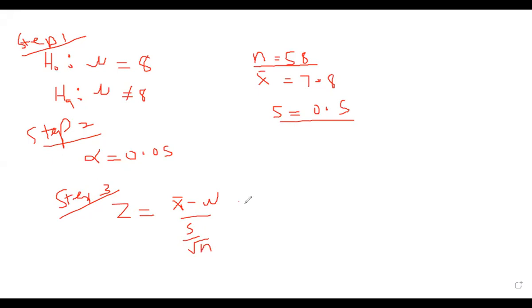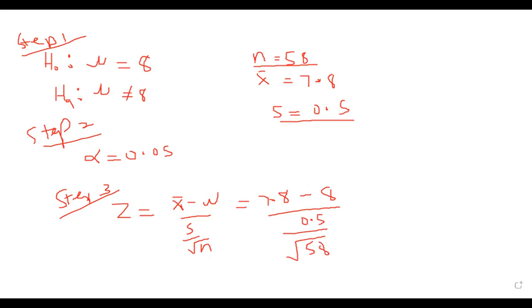So this will be 7.8. Okay. Minus what? Minus 8 over standard deviation is what? 0.5 over the square root of what? Square root of 58. Good.